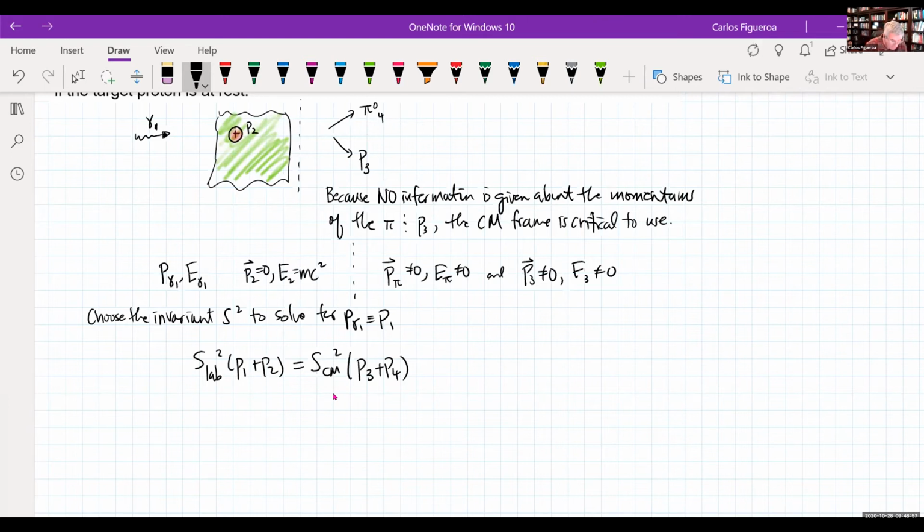And so then I'm just going to look at this thing here. In the center of mass frame, I'm going to write the following: I have the energy E1 plus E2 squared minus the quantity P1 plus P2 squared c squared, and then I do the same thing for the other case.